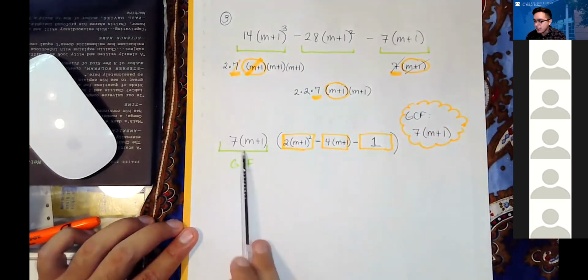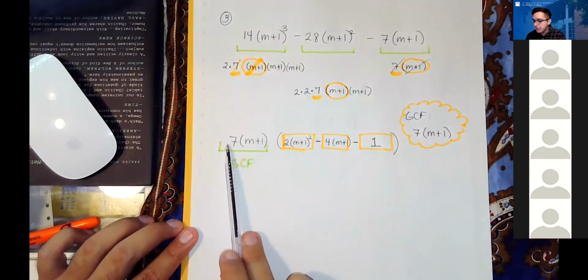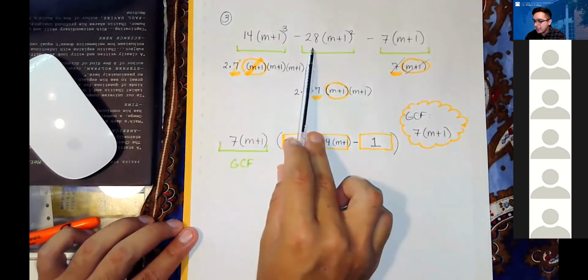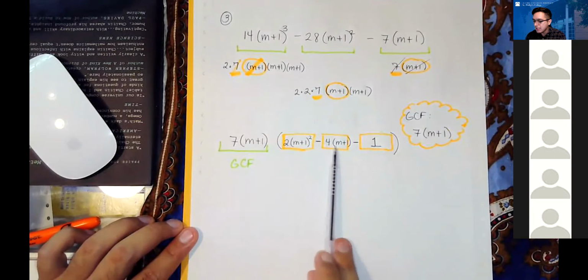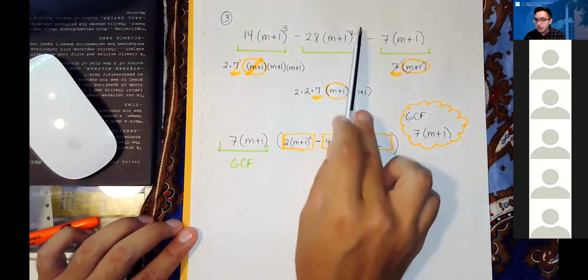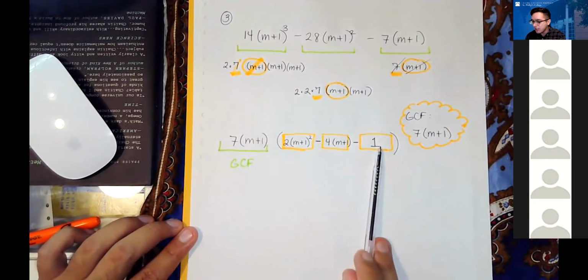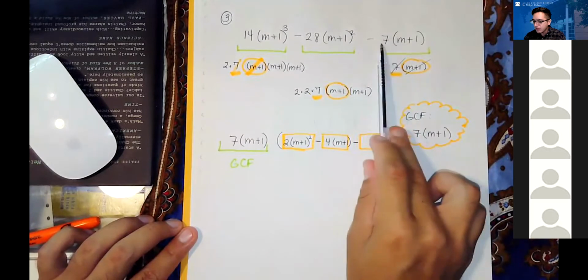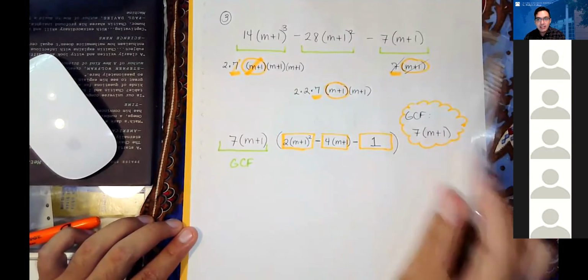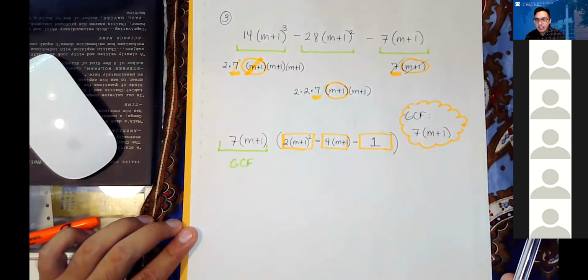This GCF times the second term would give me a negative 28, and then m plus 1 times itself should give me m plus 1 squared. Finally, this thing times a negative 1 should be the negative version of itself. You guys okay with that? Maybe not okay with it, but is that sort of clear? Yeah.